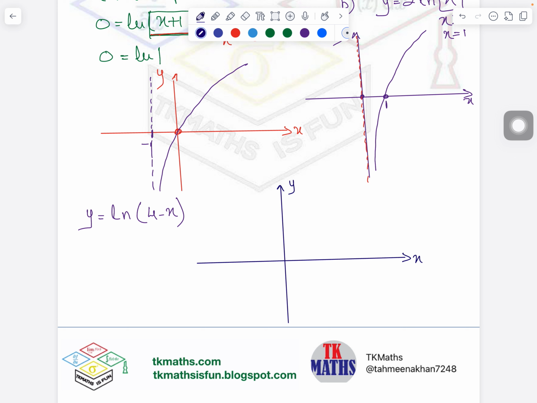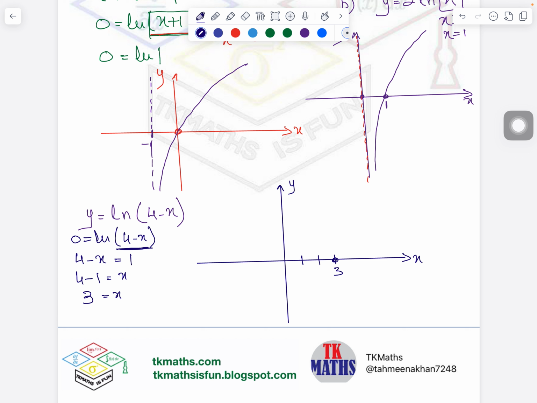Now for the x-intercept, what did I tell you? Yes, for the x-intercept, y should be 0. And if y is 0, then this function which is here should be equal to 1. So let's put it equal to 1. So I get the value of x as 3. So it means the curve will pass through 3 on the x-axis.